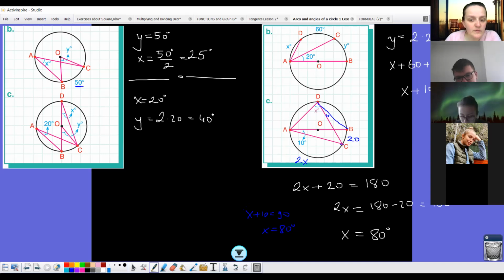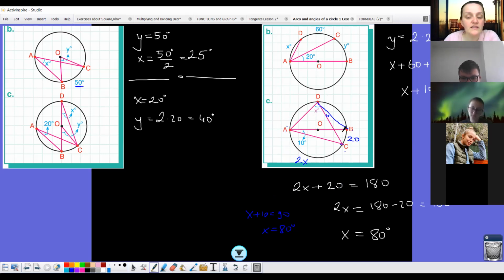If you want, I can explain one more time my way, what I did. I took this angle ADC. It's an inscribed angle. The arc that this angle intercepts is from A to C. And we know from the properties that if this angle is x degrees, this arc is 2x. And here I have one more inscribed angle, which is BAC, and it's given that it is 10 degrees.